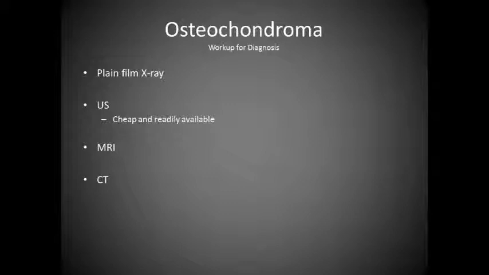Plain film x-rays are usually the modality of choice simply because they are quick and very, very simple, and the majority of facilities can perform this. Ultrasound is also a very excellent modality.